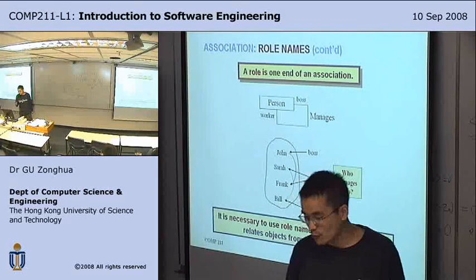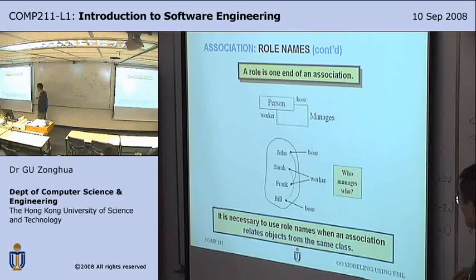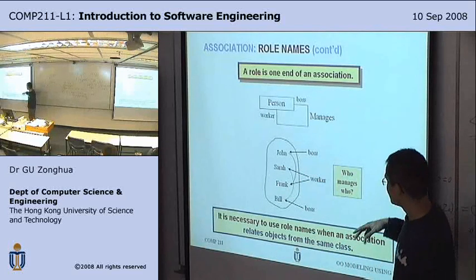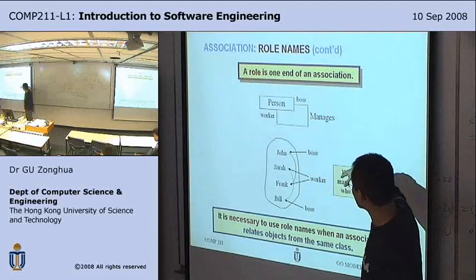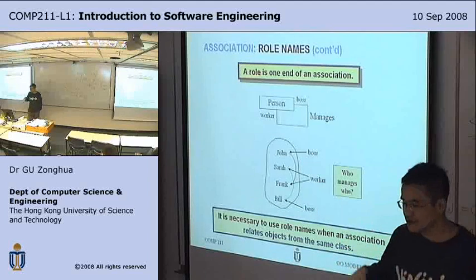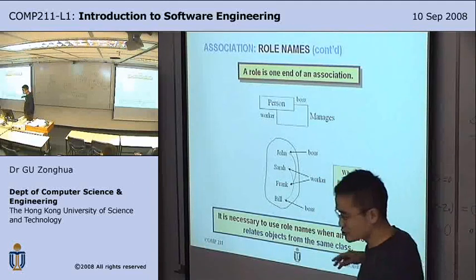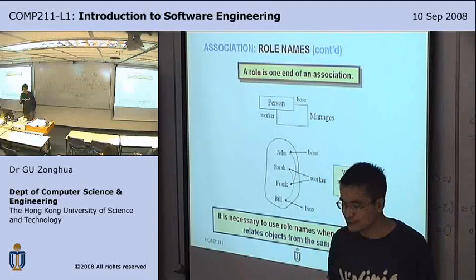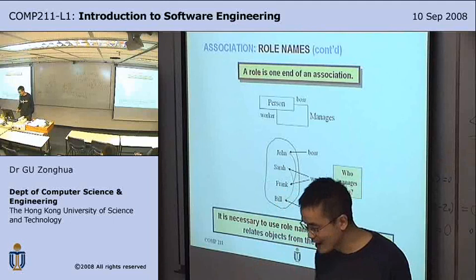It means that one person is the boss of another person. So when mapped onto the objects, these two are always two different people. Even though in the class diagram, it's kind of like a self-link because this relates to two objects of the same class, but not the same object.